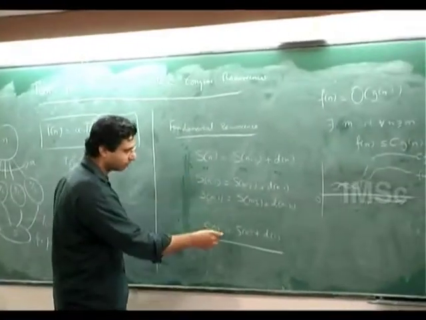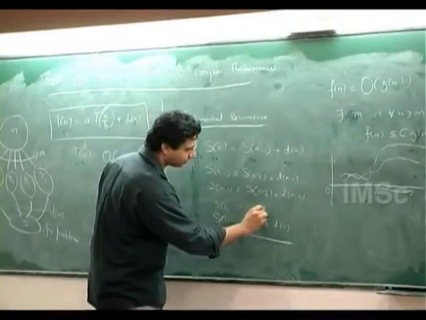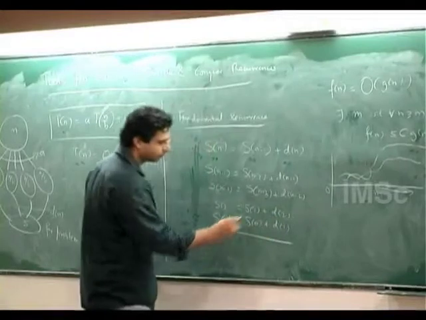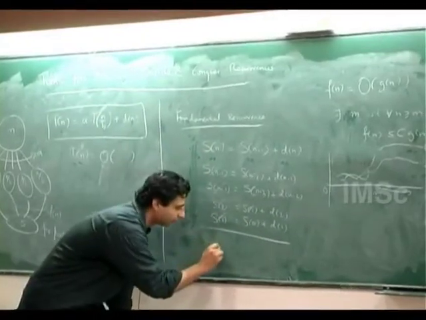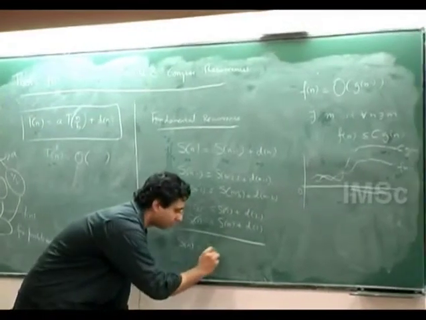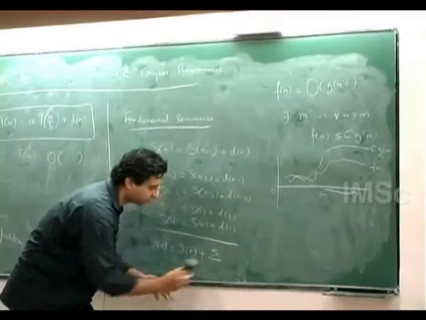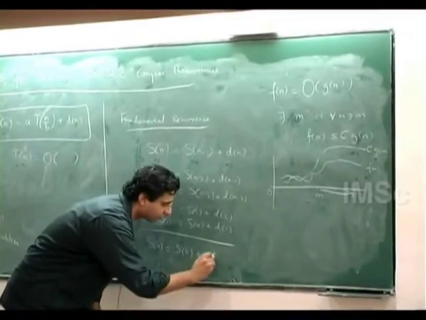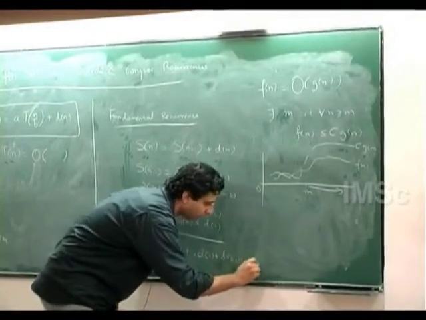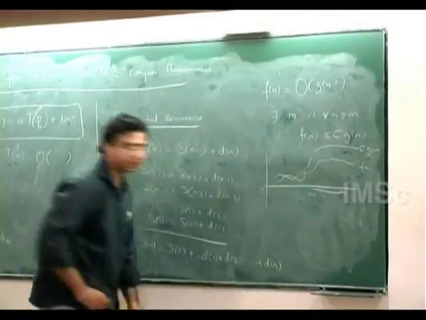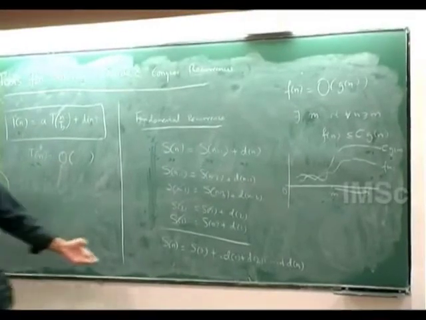So let's say S2 would be S1 plus D2, so S1 cancels out. What I get is Sn is the last term S0 plus the summation D1 plus D2 plus up to Dn.